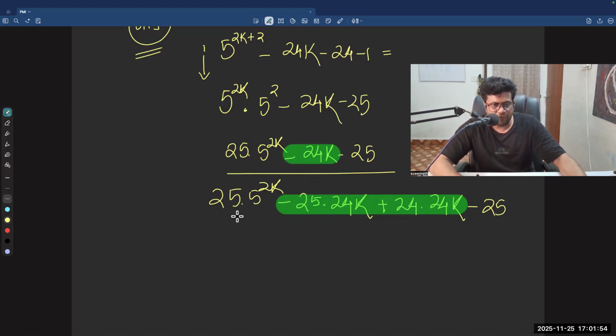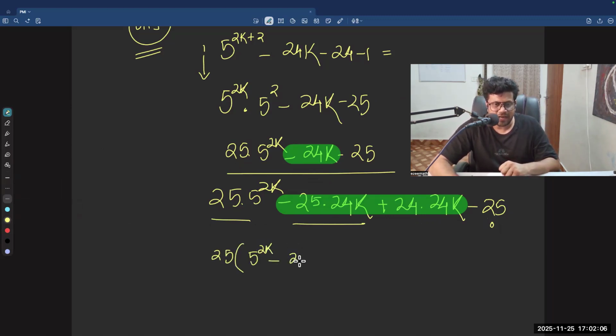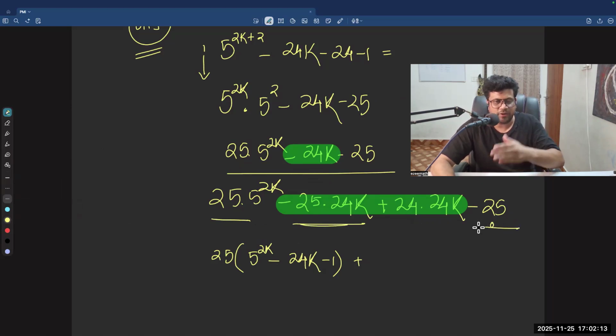So from this term now, this term, this term, and that, I'm going to take a 25 out common. What I get is 5 to the power of 2k minus 24k minus 1 plus, so this, and this with a 25 out common remains with that in the bracket. And then you have 24 into 24 multiplied. That's literally 576k.